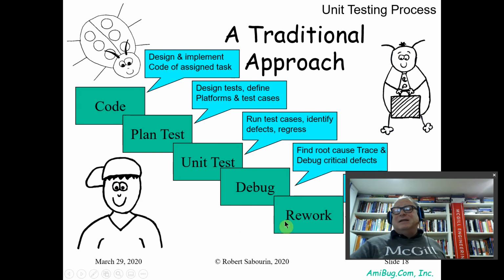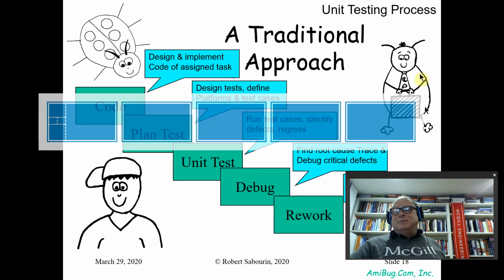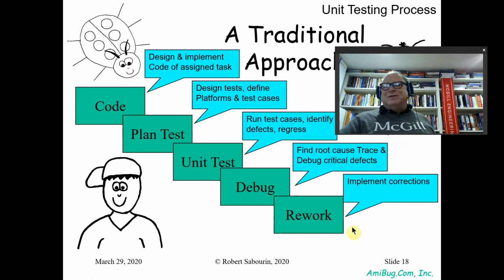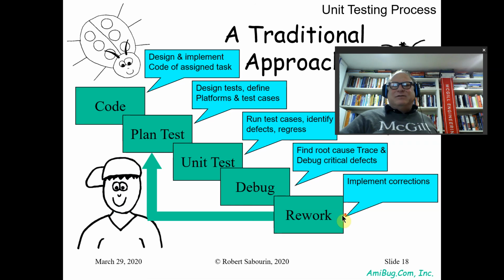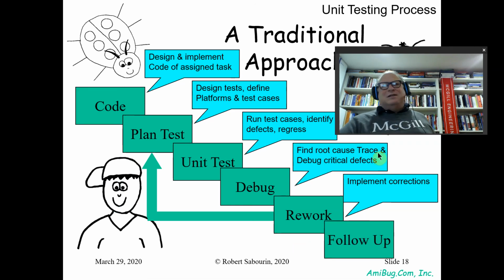And then the last one here, I'm going to move my little picture up here: implement the corrections. So that's sort of the basic traditional approach. This is test after. You write the code, then you write the test, then you do the rework. Test-driven approach, follow-up would be moving on to the next activity.